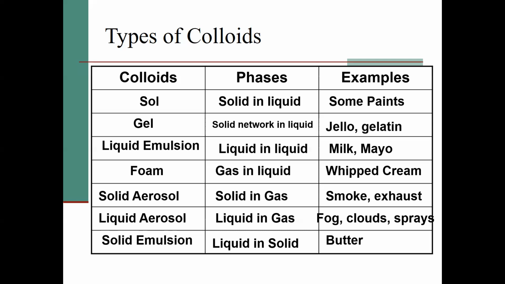Answer these questions aloud. Can it be physically separated? Yes or no? Yes. So that makes it a mixture. Is it the same throughout? It's not the same throughout because you have parts that have pulp in it, parts that don't have pulp in it. So you're left with hetero, colloid, or suspension.